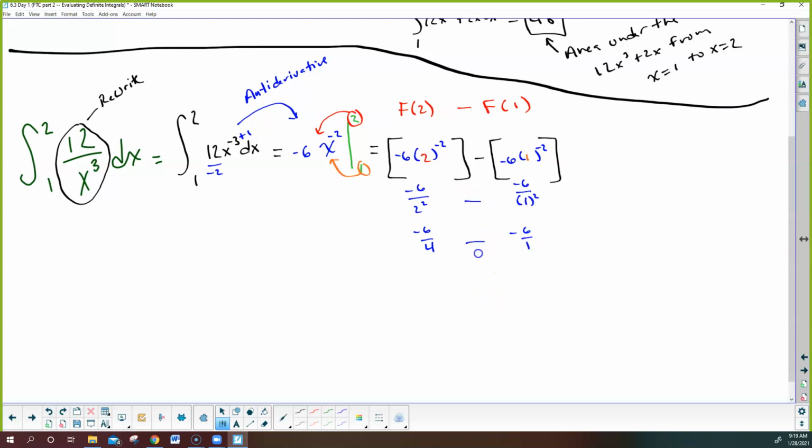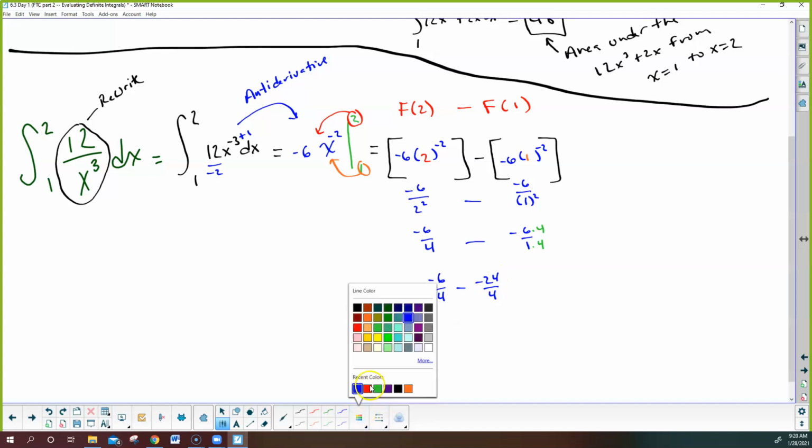And then we're subtracting those. Well, if I'm going to subtract, I want this to be the same denominator. And I could have reduced, I guess I maybe should have, but this will work. So then I get negative 6 minus negative 24 over 4.